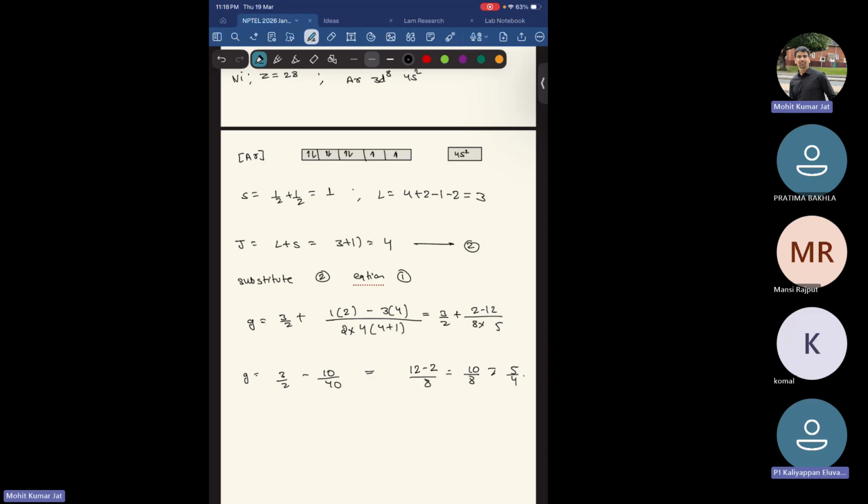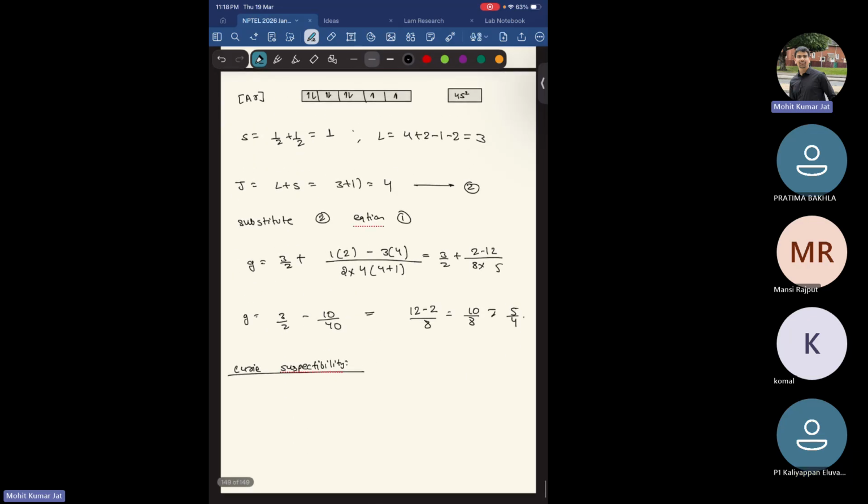The Curie susceptibility we know. So chi molar is equal to N_A g squared mu_B squared J(J+1) divided by 3 kBT.